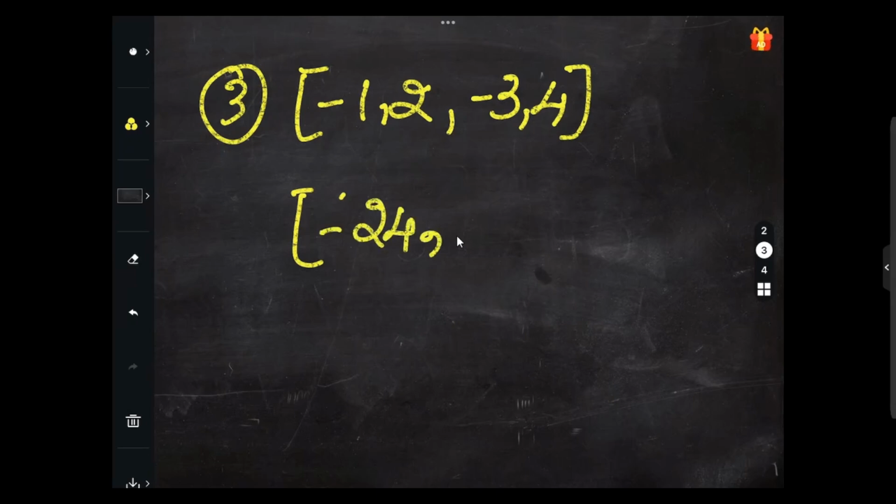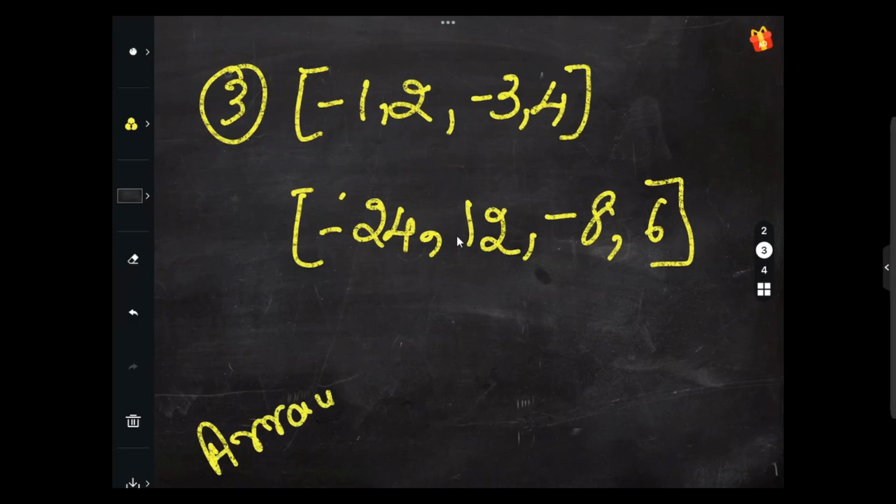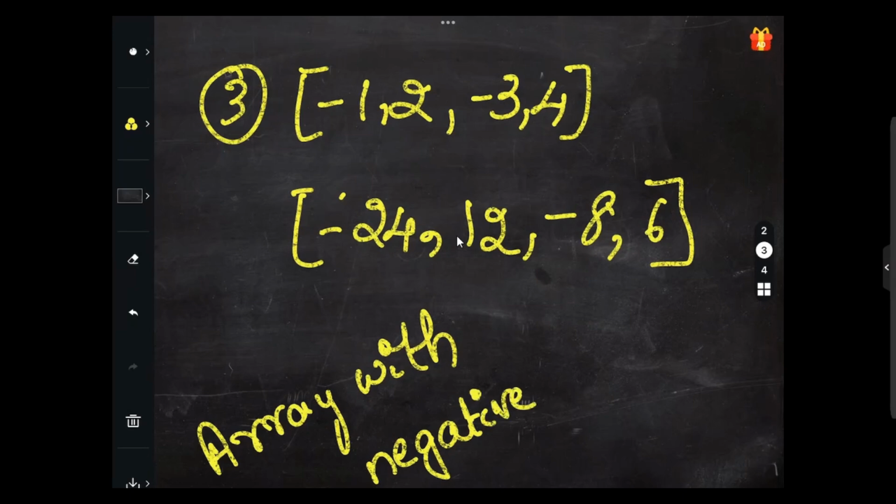Let's exclude 2: -1 into -3 is 3, and 3 into 4 is 12. Same thing for the other numbers. It will be -8 as well as 6, sorry. So this will be the output. So this is for the array with negative numbers.